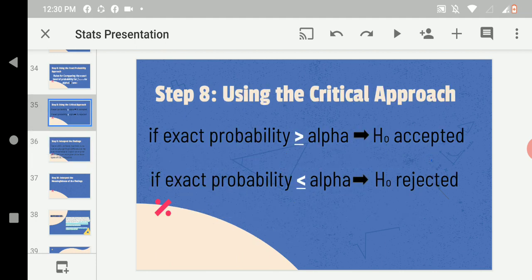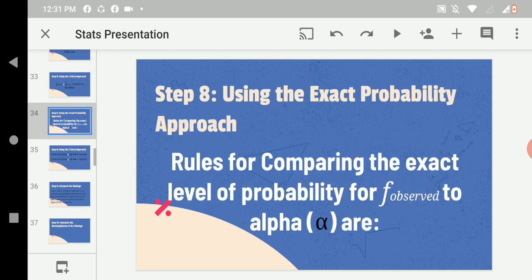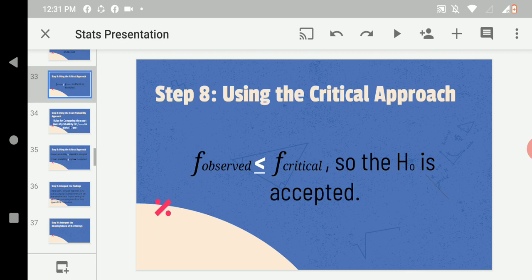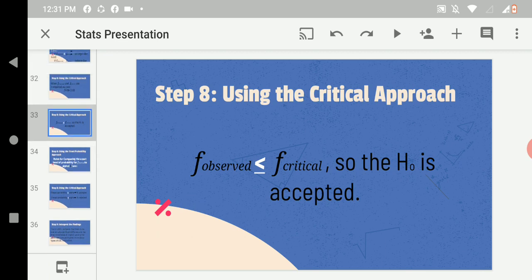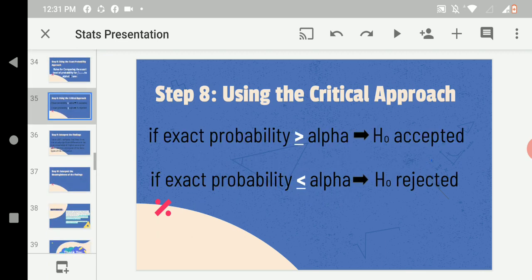So which is greater, probability or alpha? It's the p-value, or the exact probability. So we have to accept the null hypothesis, same as in the previous approach. We accepted the null hypothesis. So either of the two approaches, you can use.